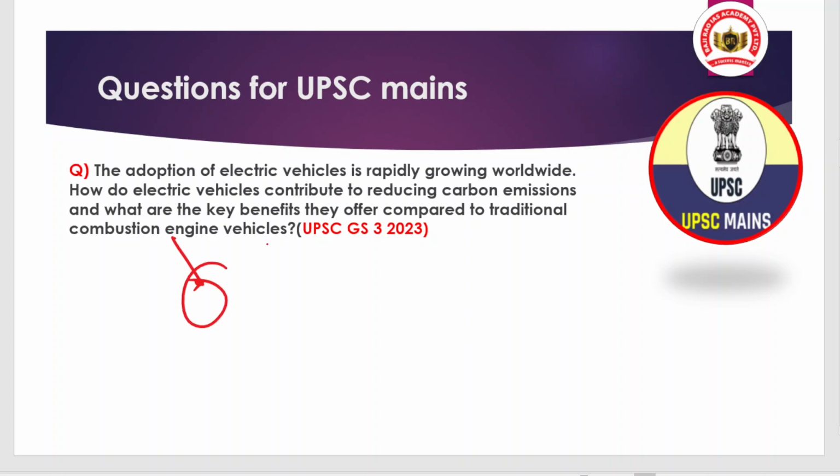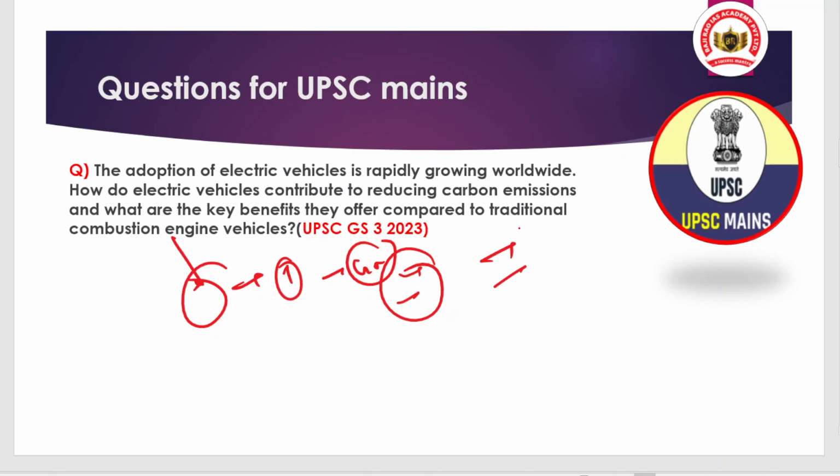ultimately you know the demerits that these traditional cars and vehicles emit a huge amount of carbon dioxide, that is ultimately the greenhouse gas, and ultimately lead to global warming, and we are seeing the impact of global warming. So to minimize the incidence of global warming and to reduce the emissions, there is a need to shift to alternative sources.